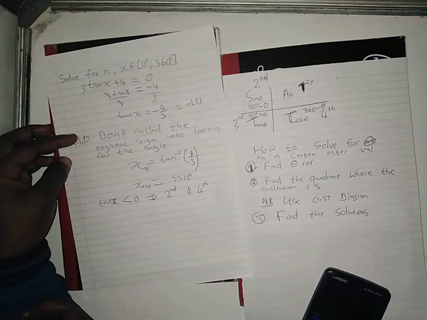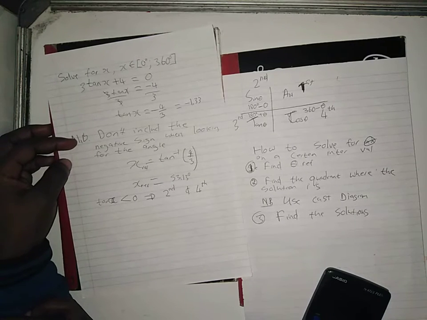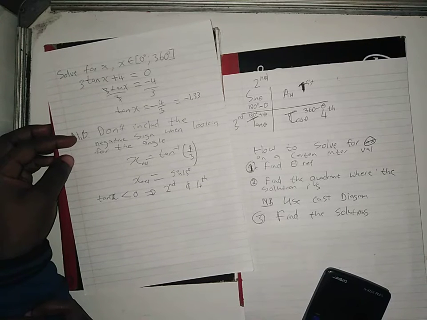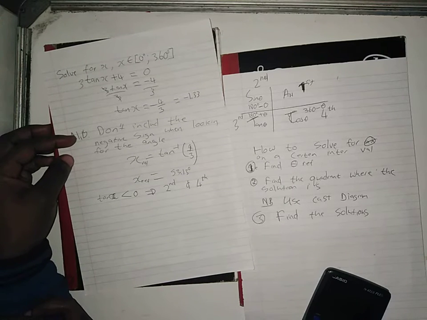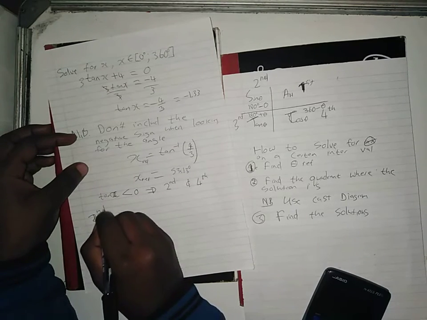I want you to note the difference between what we have here and what we had earlier. Earlier, theta ref was simply one of the solutions, but here this is not the case. You must always be careful; each and every case has its own merits. Let's look at the solution in the second quadrant.